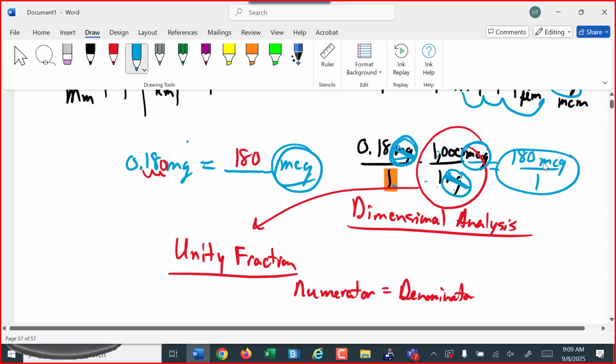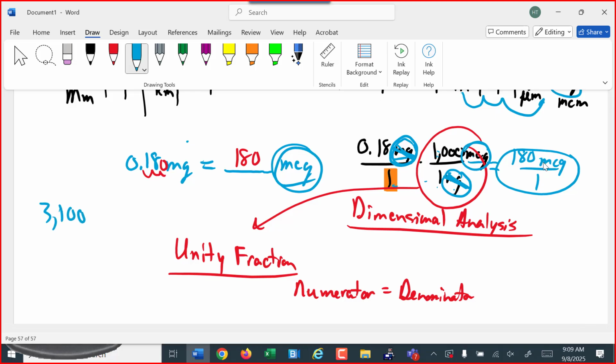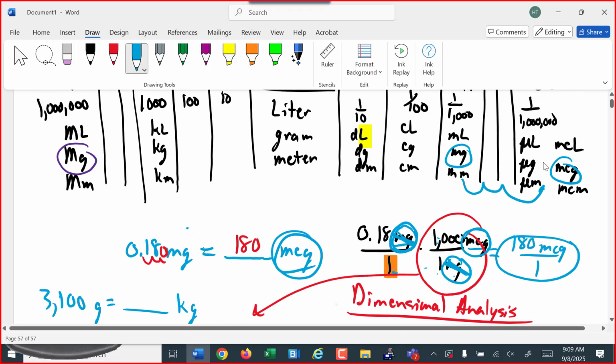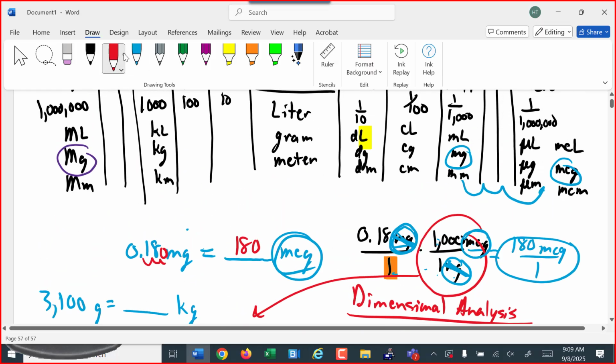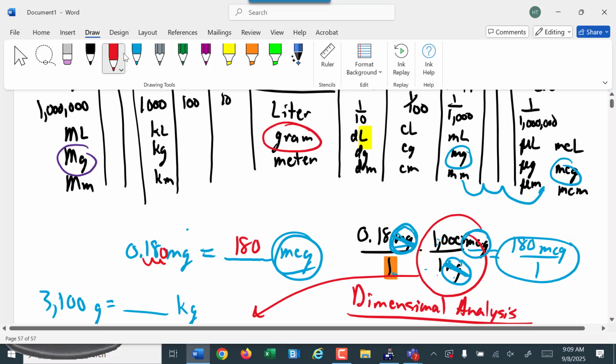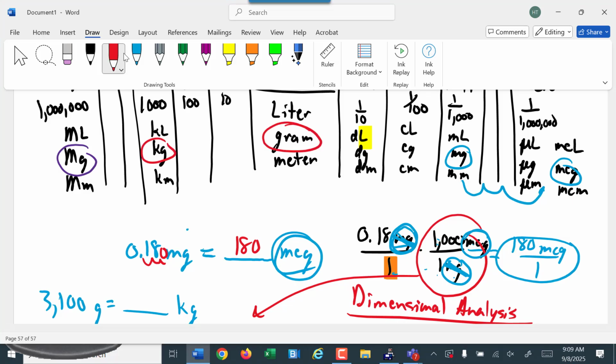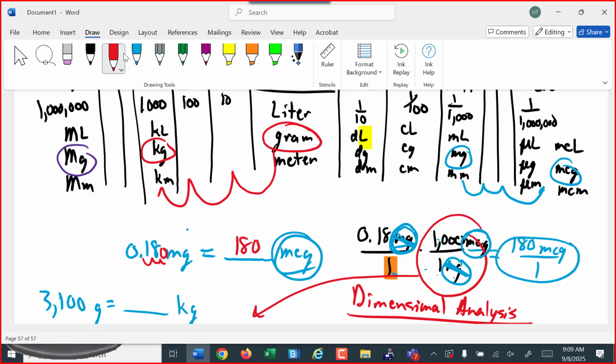Let's do another quick conversion. Let's say I have 3,100 grams. And I want to convert to kilograms. So again, I can go up here and find, here is my grams. Here's kilograms. That's 1, 2, 3 spots to the left on the chart.